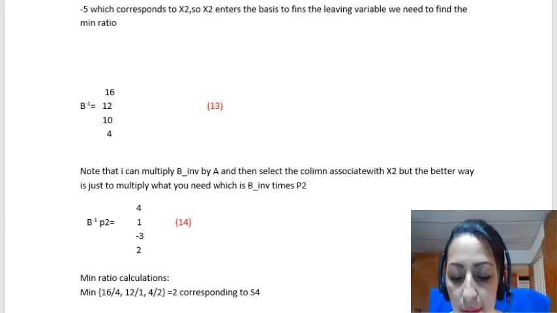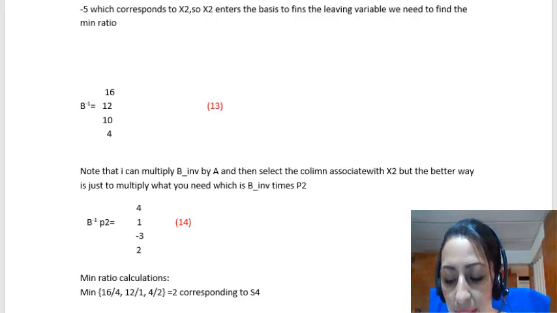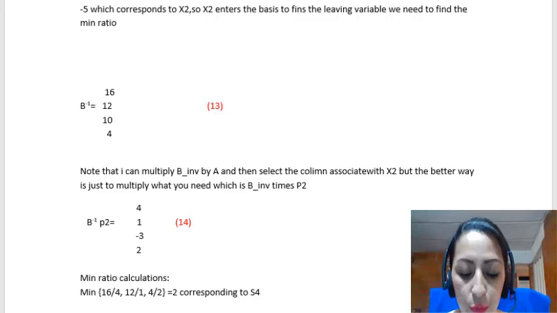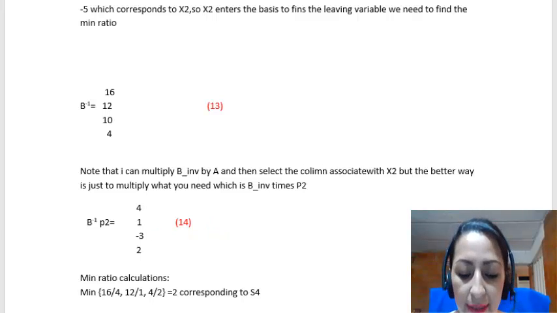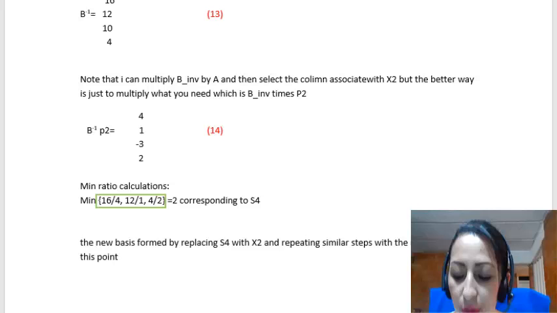We are going to find the ratios 16 over 4, 12 over 1. Notice that we are not doing this ratio because the element is a negative number, and we do not calculate the ratio when it is negative or 0. The last one is 4 over 2.